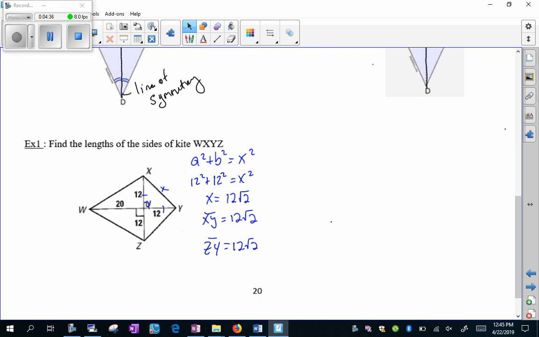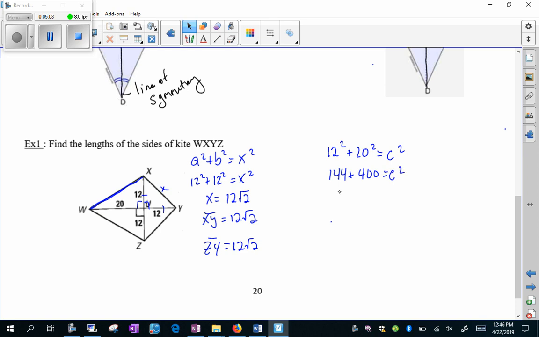Okay, now I'm going to find XW. All right, so I'm going to find this side here, XW. Well, again, right angle, right triangle, so I'm going to use the Pythagorean theorem. So I'm going to have 12 squared plus 20 squared equals, I'll call it c squared, and then I'm going to have 144 plus 400 equals c squared.